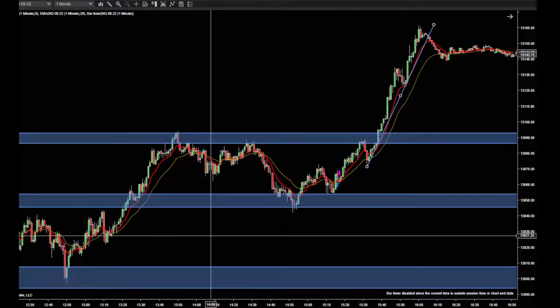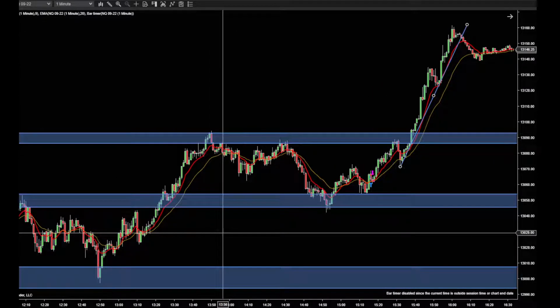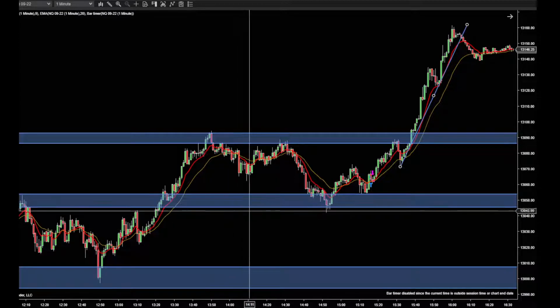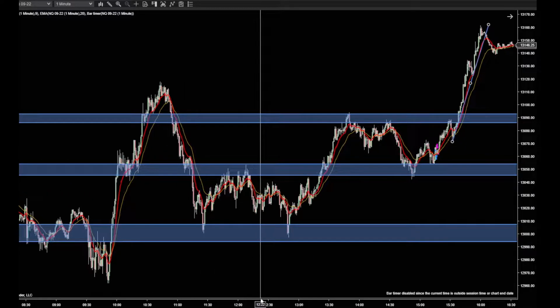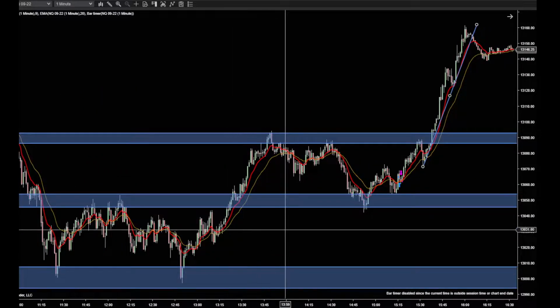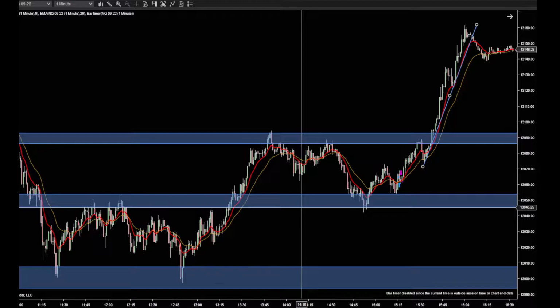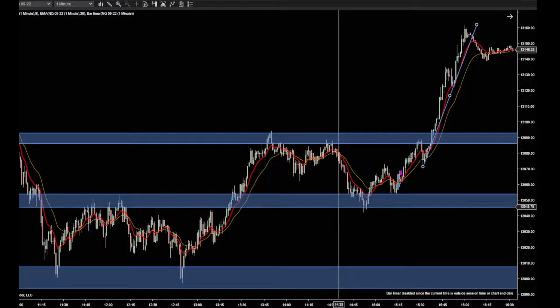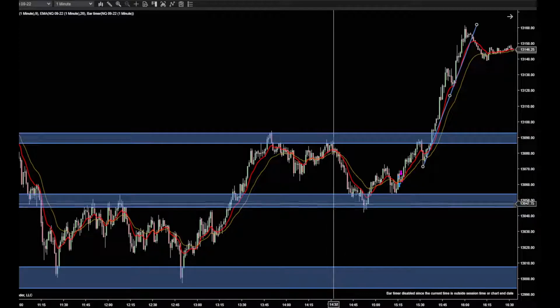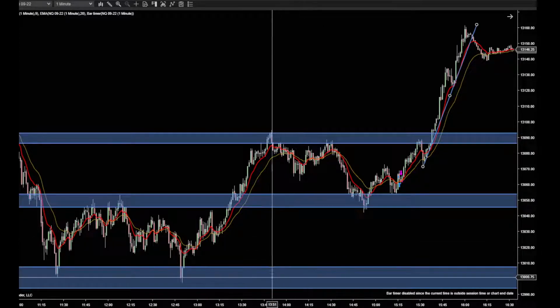So you can see here, if you trade the support and resistance areas, just support and resistance, don't try to do anything else. You can trade the futures on that, or you can look at the ETFs, SPY and the QQQ, and you can trade options. All work the same. So if you do support and resistance, that's the biggest profit.